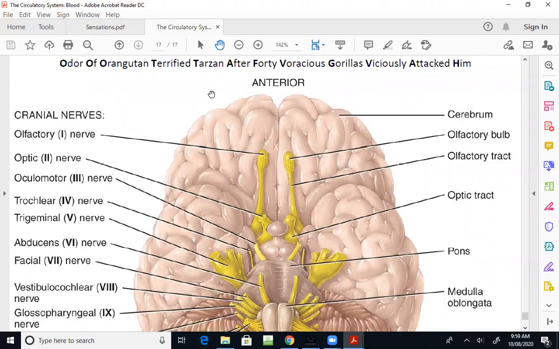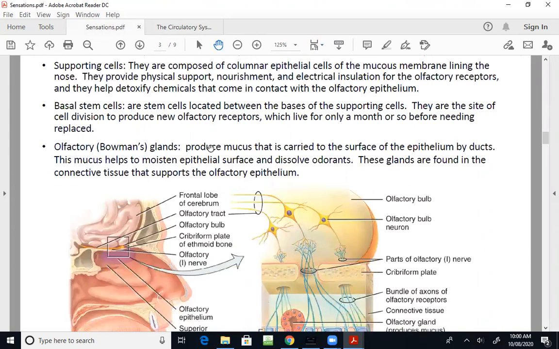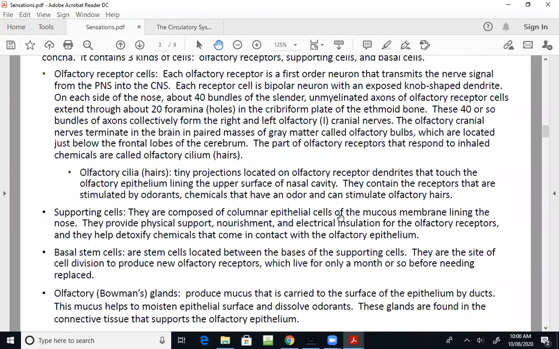The fattened end of those olfactory cranial nerves are what we call the olfactory bulbs, which are paired masses of gray matter at the end of those cranial nerves, number 1. They are located just below the frontal lobes of our cerebrum, which you can see. Here's the frontal lobe. Right there at the tip of that cranial nerve, number 1, is that fattened olfactory bulb.